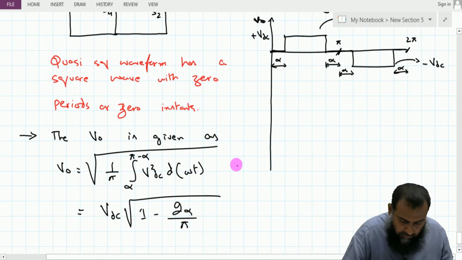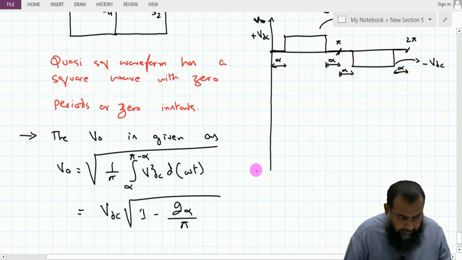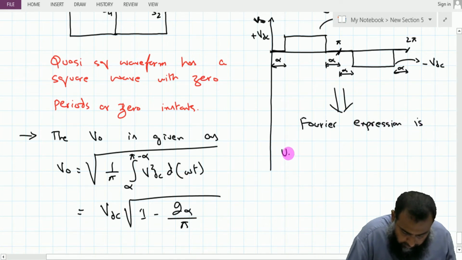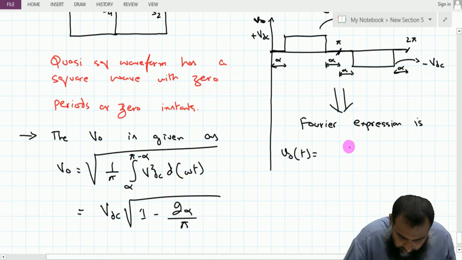And for the Fourier series of this quasi square waveform, again we have only the odd harmonics.